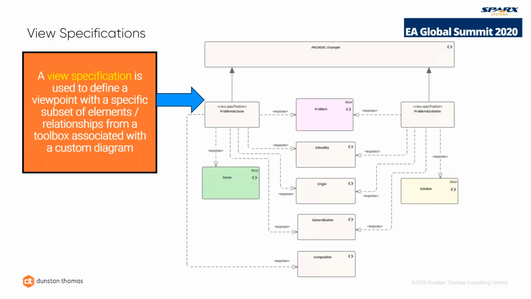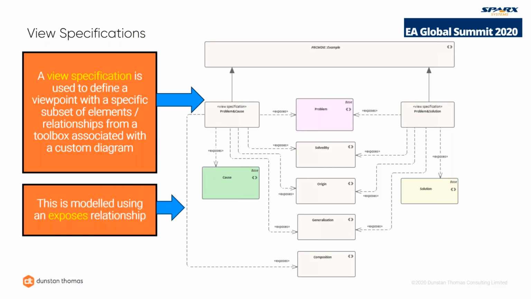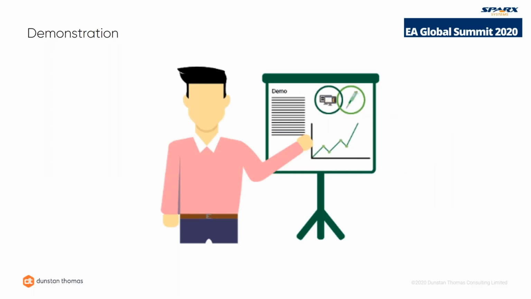And the view spec just exposes, with an exposed relationship, what it has visible in its own bespoke toolbox, like the diagram you see in front of you. Okay, so now let's switch to Enterprise Architect, and let's go through a few things practically.